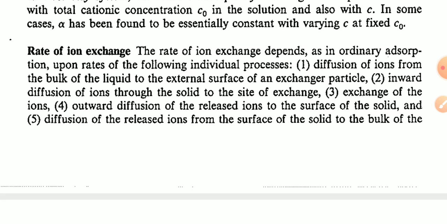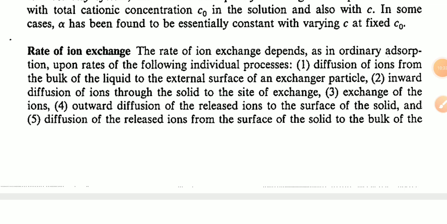The rate of ion exchange depends, as in ordinary adsorption, upon the rate of the following individual processes. The first one, diffusion of ion from the bulk of the liquid to the external surface of an exchanger particle, and the inward diffusion of ion through the solid to the site of exchange.